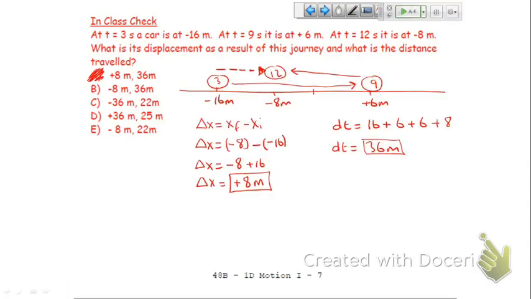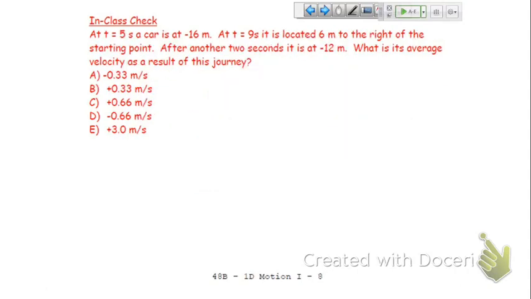I'll pause it. So resuming, basically here's the answer for this. I forgot to talk about it when we moved on, but basically the same pattern. You do your number line, and then you write your definition, then you put your numbers in. Let's look at this one. Let's get our diagram going. At t equals 5 seconds, the car is at minus 16.